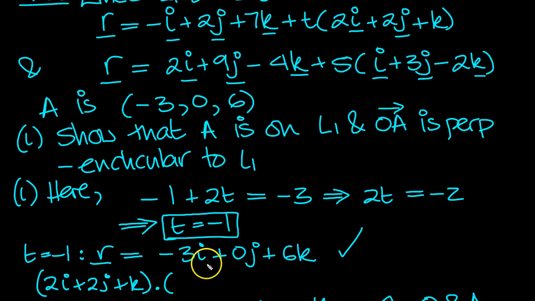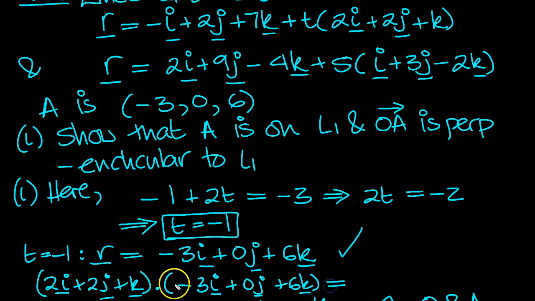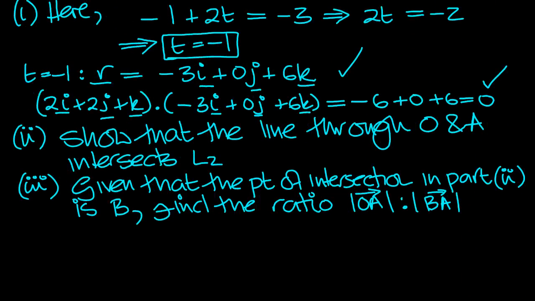Dot product with this, which is OA as a vector: minus 3i, no j's, plus 6k. So that equals minus 6 as the first component, plus 0, 0 times 2, and then plus 6, which equals 0. So we've shown that they're perpendicular.